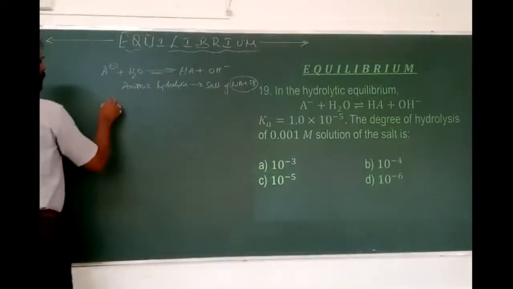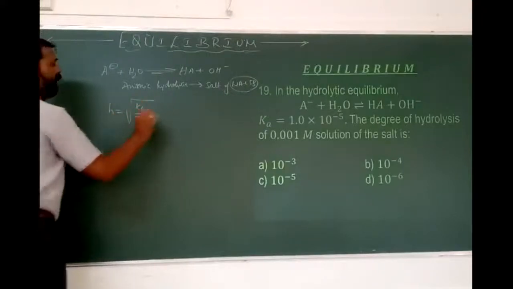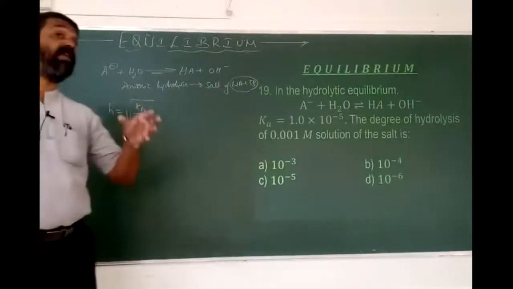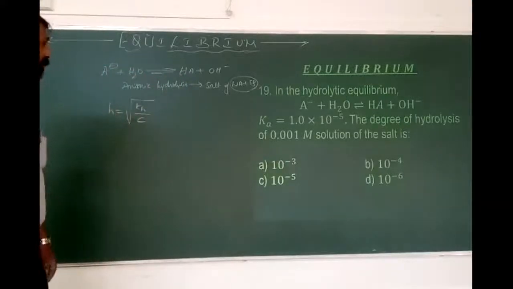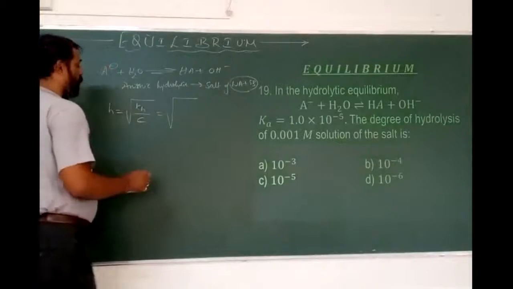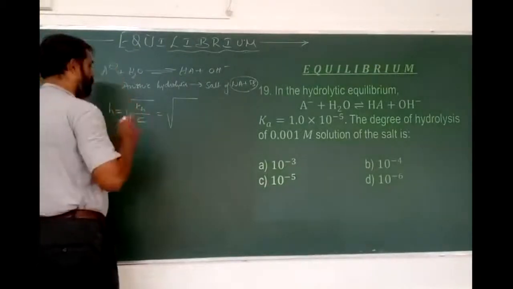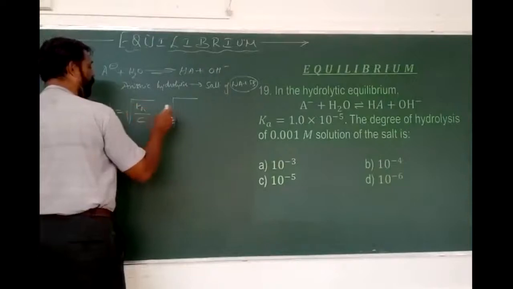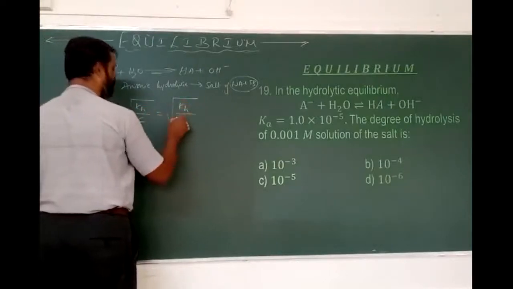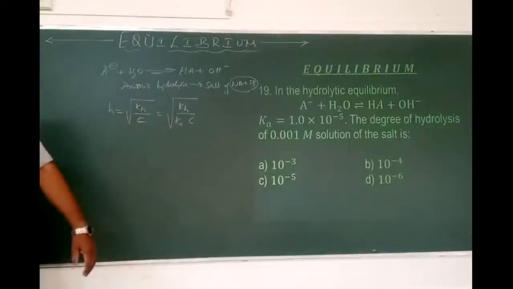Therefore, according to that, the degree of hydrolysis h is given by root of Kh by C, where Kh is the hydrolysis constant. That is also equal to root of Kw divided by Ka into C. So that is the simplified formula.